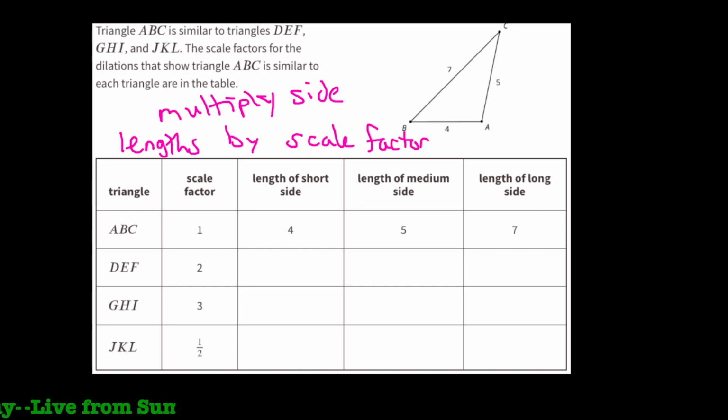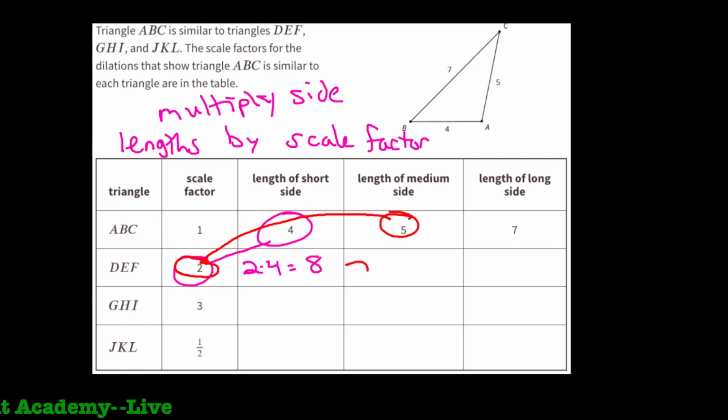So, for example, if my scale factor is 2, I have to multiply 2 times 4. So 2 times 4 is 8. I'm going to multiply 2 times 5 to get 10.